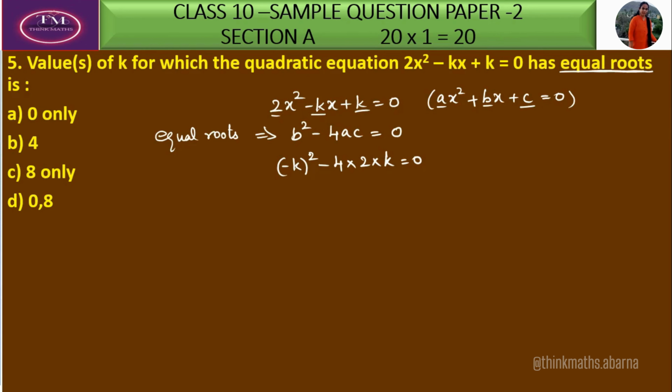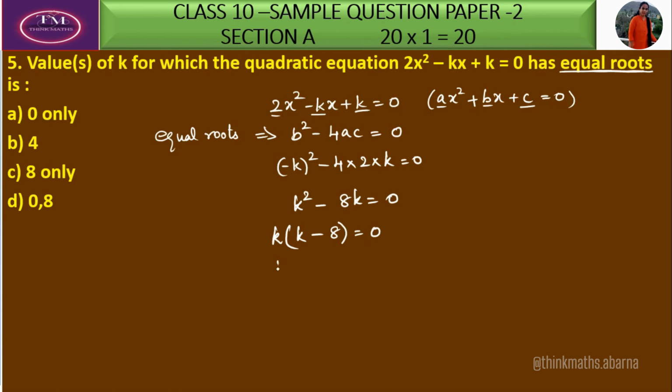So minus square is positive. So we will get k square minus 4 into 2 is 8k equal to 0. So here k is common. We can take k outside. Remaining in this we will have k, so it is k minus 8 equal to 0.